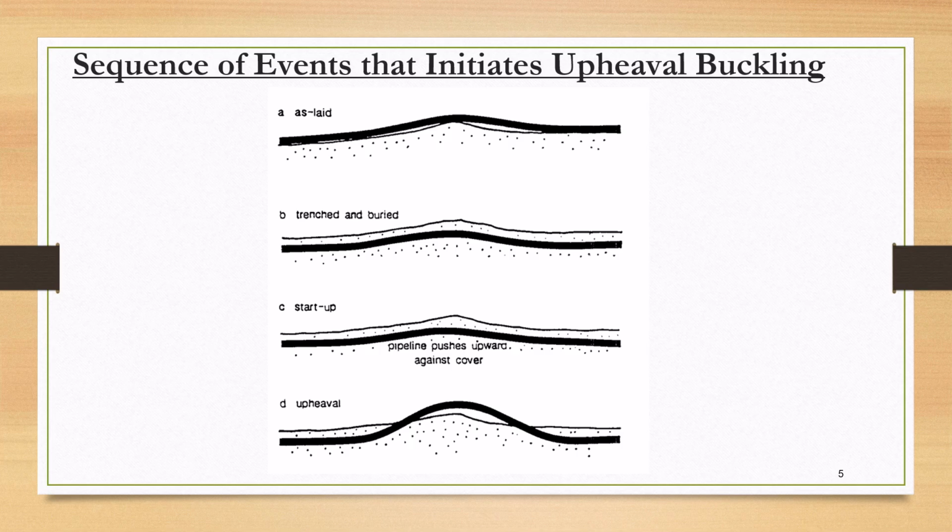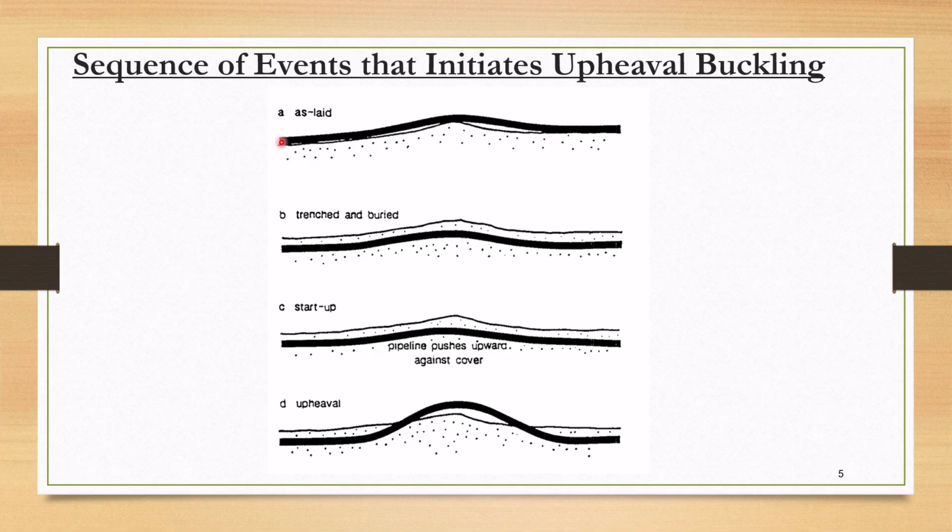Now this is the sequence of events that usually happens in upheaval buckling. During the as-laid condition, the pipeline will be in this condition. As we all know, the pipeline will not be continuously straight, because due to soil terrain there will be some discontinuities in between.